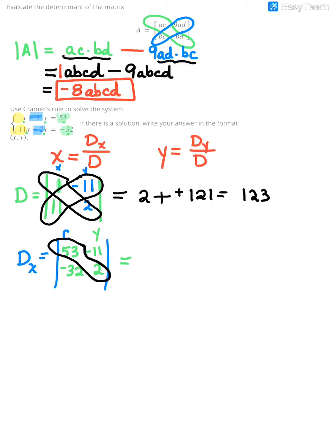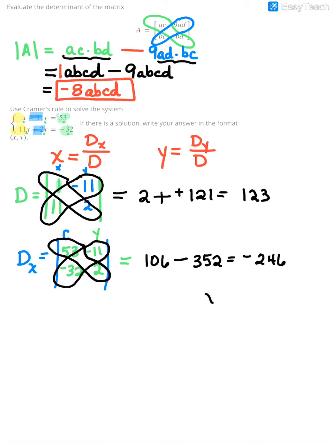So 53 times 2, that's going to give me 106. And then I say minus. And if I multiply negative 32 times negative 11, that's actually a positive 352. But we are subtracting, so when we take 106 and we subtract 352, we are left with a negative 246.